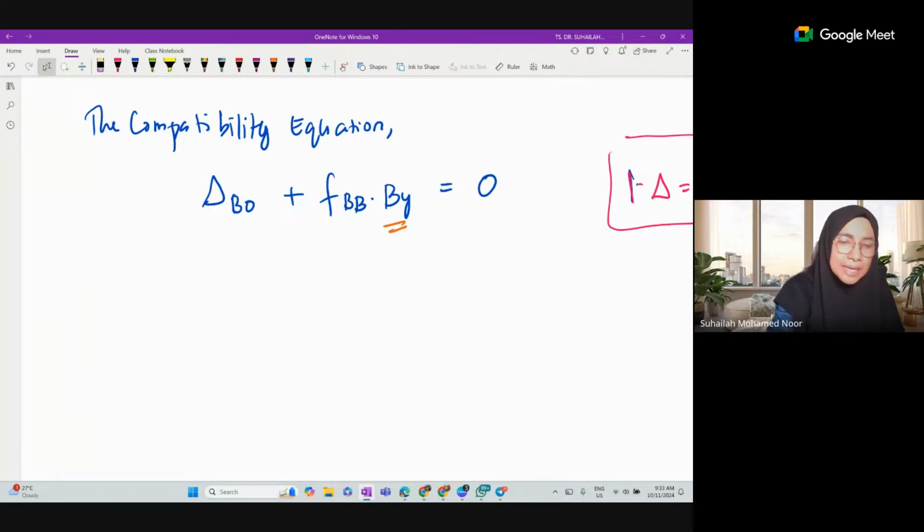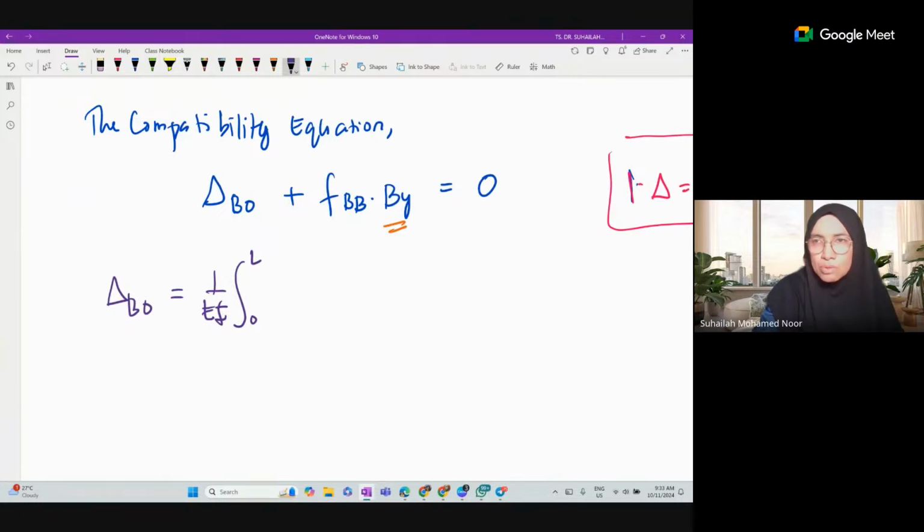The formula for delta B naught is the integral of 1 over EI from 0 to L, of two moment equations, dx. We have a notation here: we use B and naught, so we put MB and M naught.